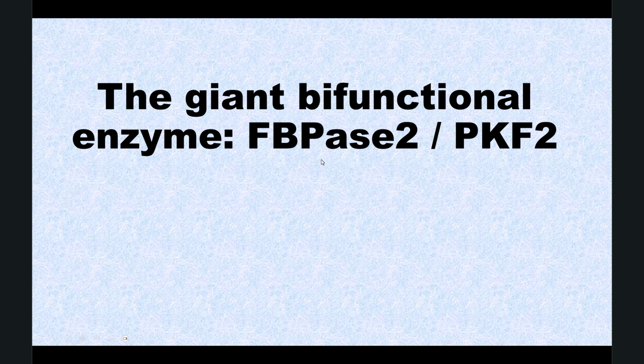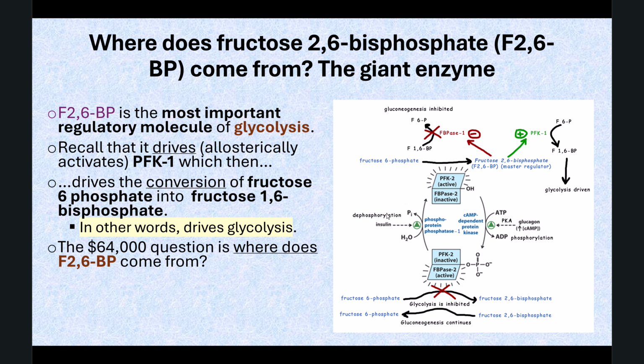Its name is FBPase2 PFK2, or fructose bisphosphatase 2, or phosphofructokinase 2. But I'm sure on the test, everybody just calls it FBPase2 and PFK2. So what is it? It's a gigantic polypeptide chain, and it's got 2 enzymes inside that chain. So 2 enzymes in this gigantic molecule.